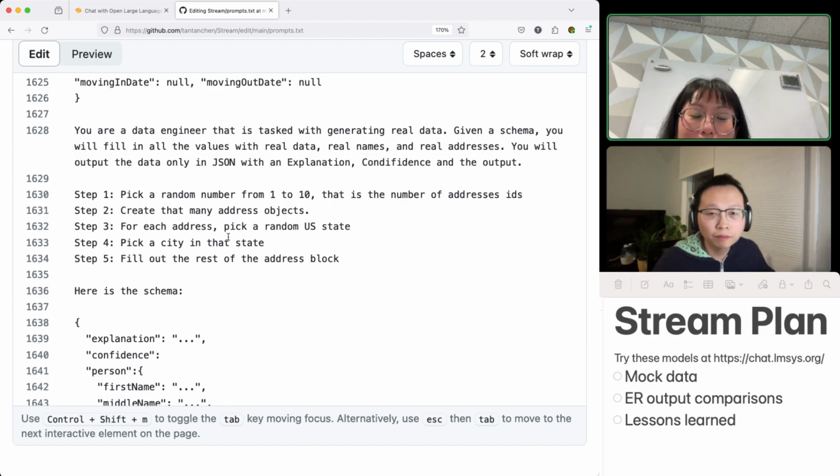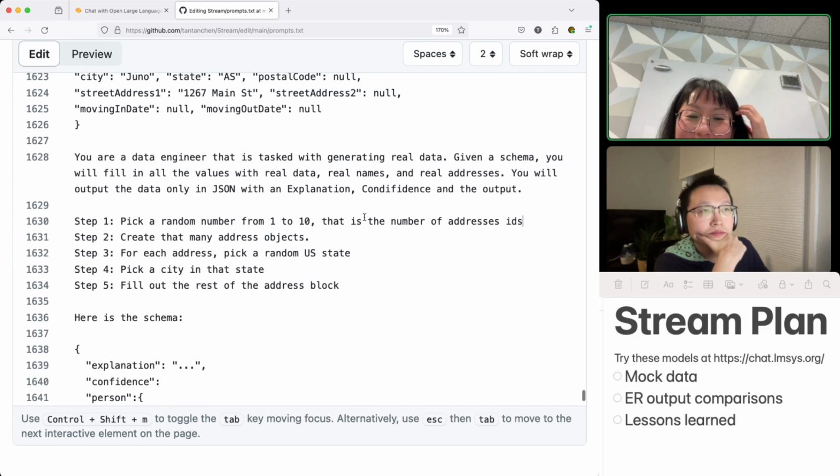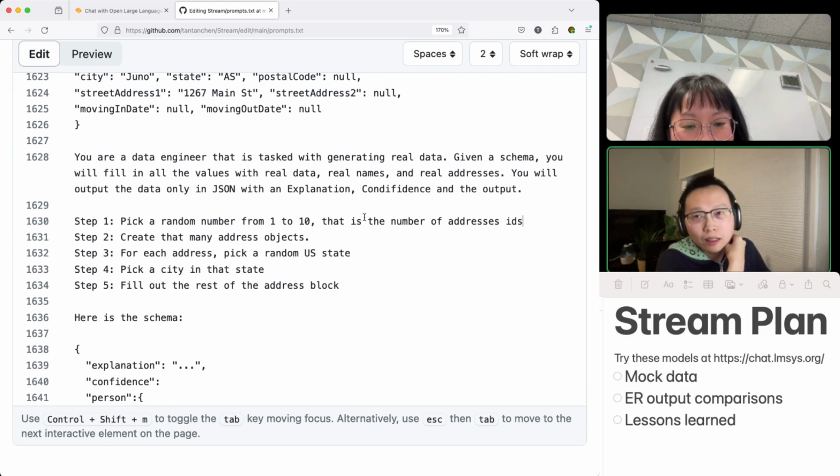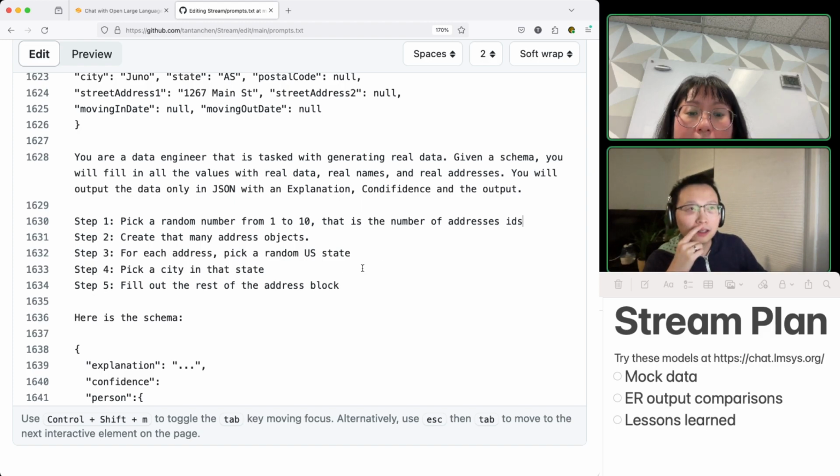Or else I would have to generate this, and then for these, give me the objects. But if we were to write a package to do that, we would just program it: for these addresses, generate each one.